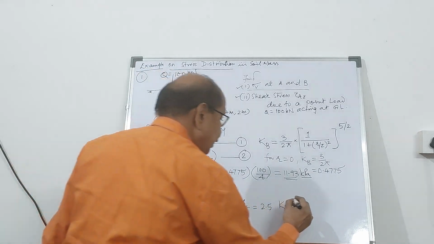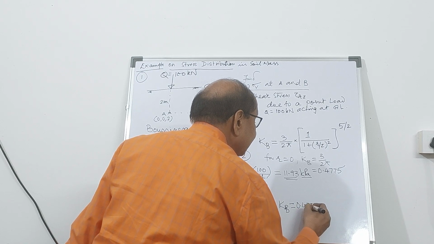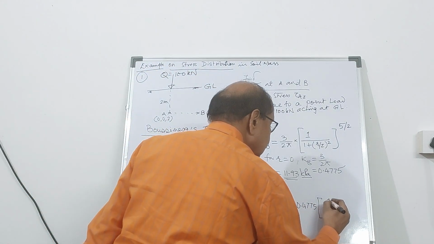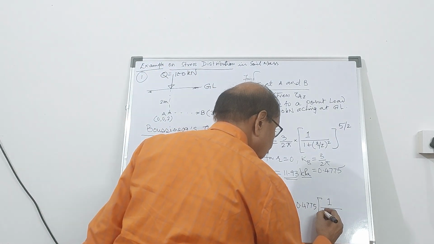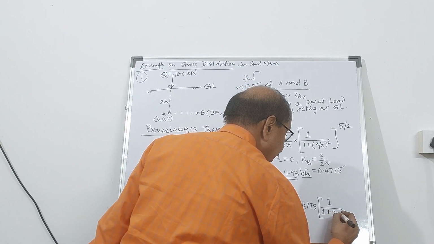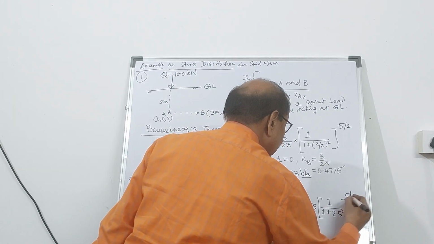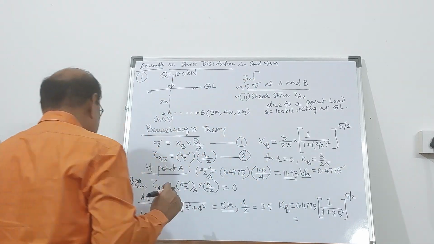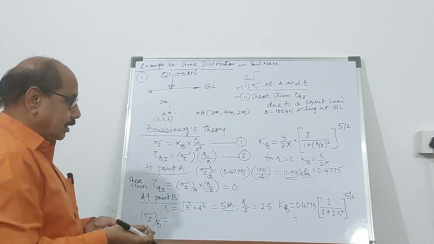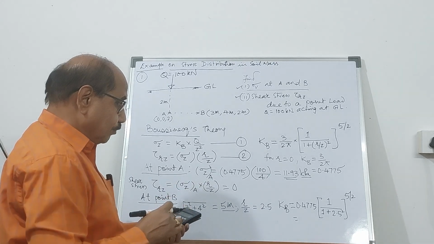So Kb will be 3 divided by 2 pi, that is 0.4775, multiplied by 1 divided by 1 plus R by Z squared, that is 2.5 square, raised to power 5 by 2. So this gives you the value of Kb, and I can calculate it very easily.